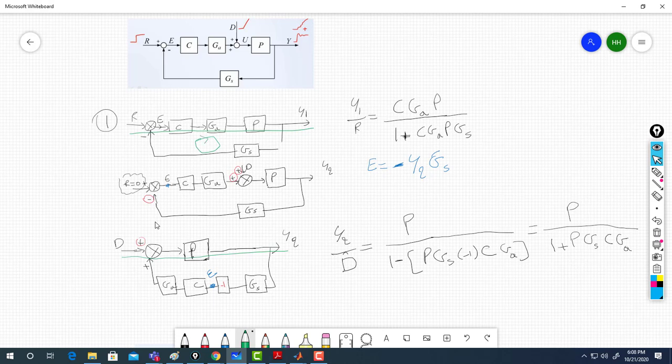You multiply everything inside. The loop is the loop. So that's why here, because it's a plus, then you put minus, forward over 1 minus loop. Here, because it's a negative feedback, not a positive feedback, then forward over 1 plus loop.